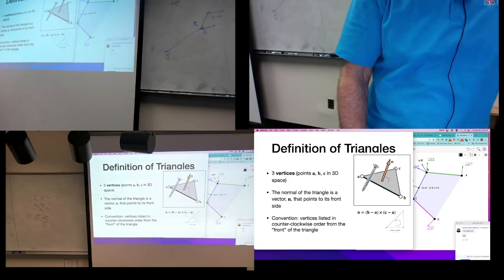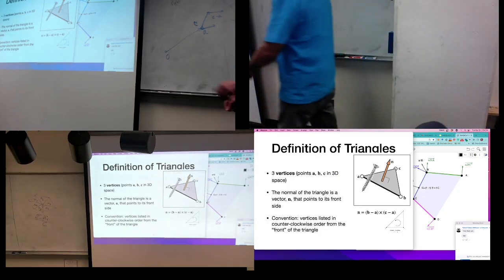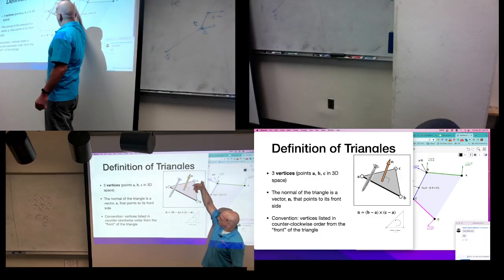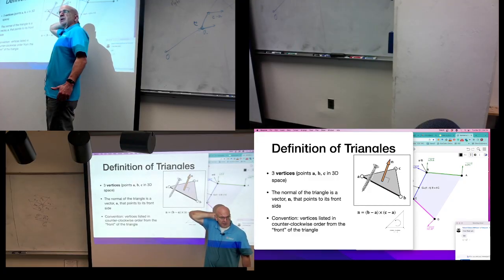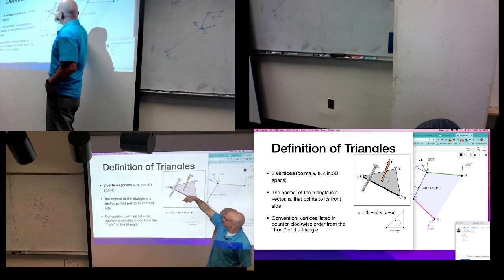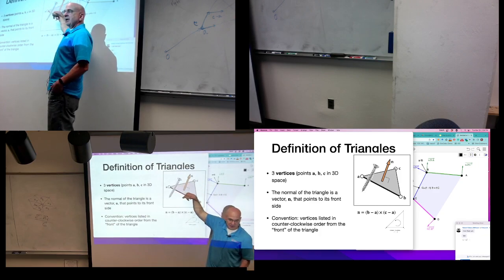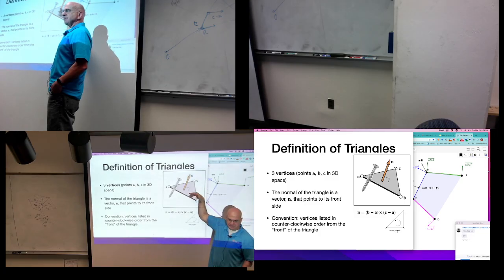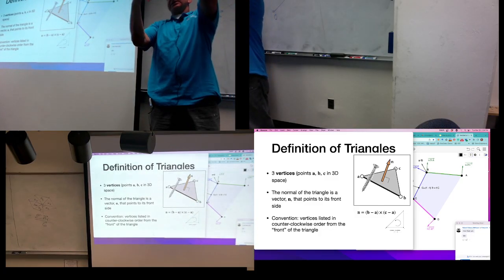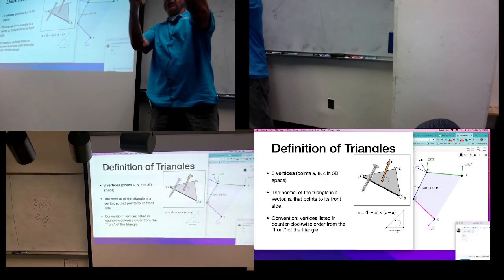Remember a triangle? If the mesh is properly given to you, then when you're looking at the triangle from the outside, its vertices appear in a counterclockwise order. The same three vertices, we discussed it many times, A, B, C, look at them in a counterclockwise order.